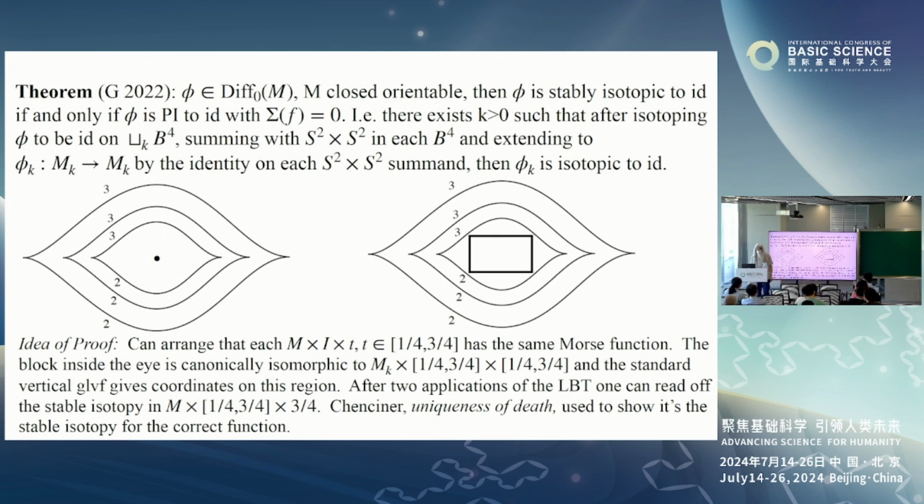And so let me just say this, which is using a little bit of, well, more than a little bit of technique from Dave Gay in this theorem I just mentioned.